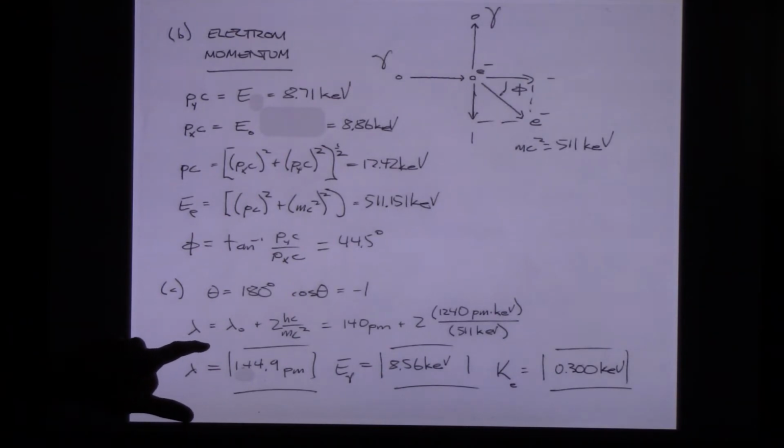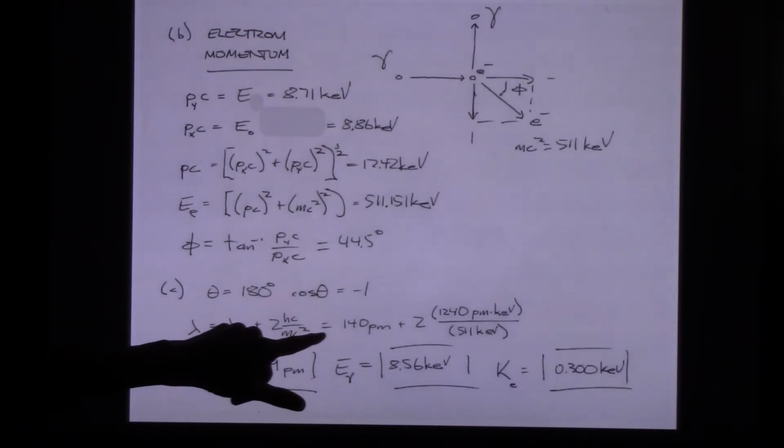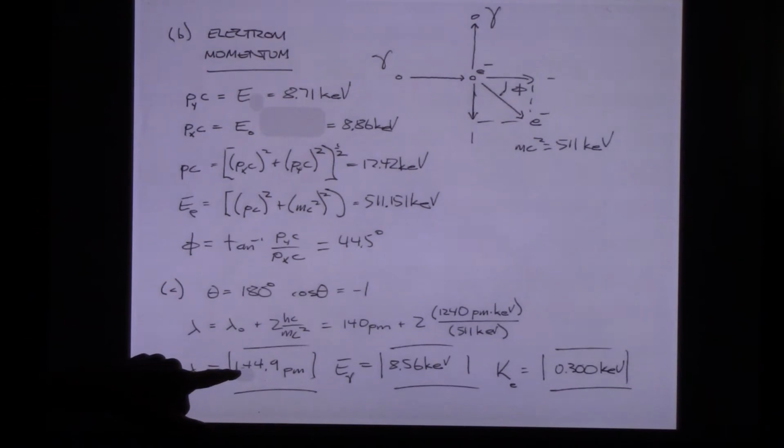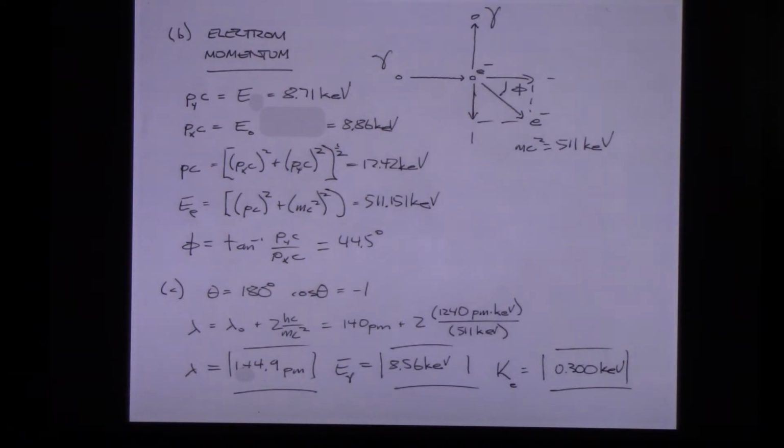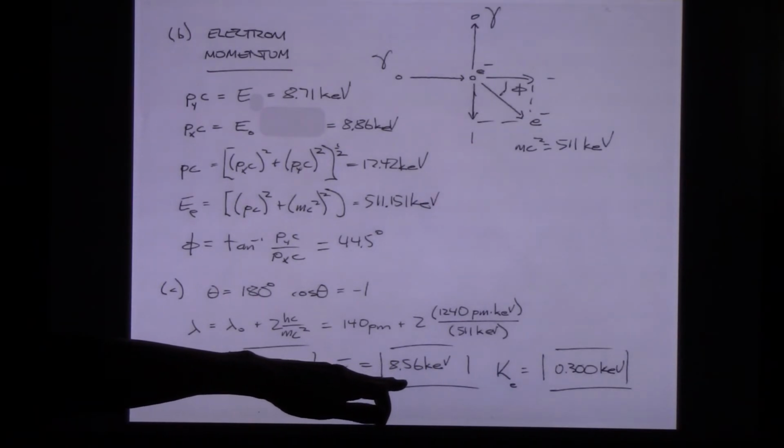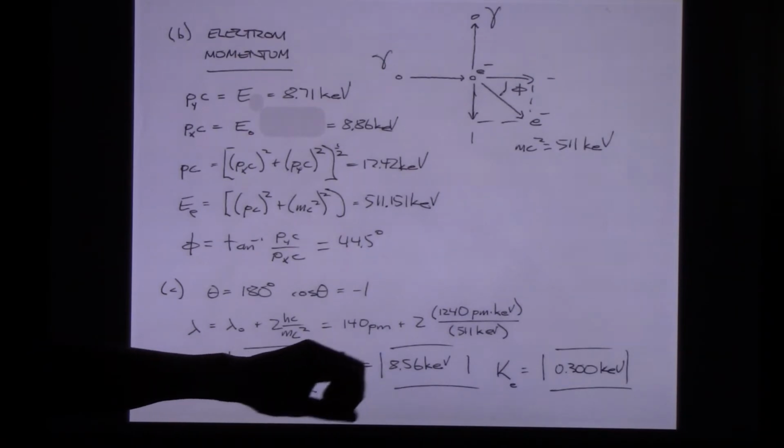If I'm doing this in terms of wavelengths, then in this case the wavelength went up to 144.9. So that's the greatest lengthening of the wavelength that we'll see. It corresponds to an energy of 8.56 keV. So that's the lowest possible energy of the photon coming out of the collision, after a direct hit.